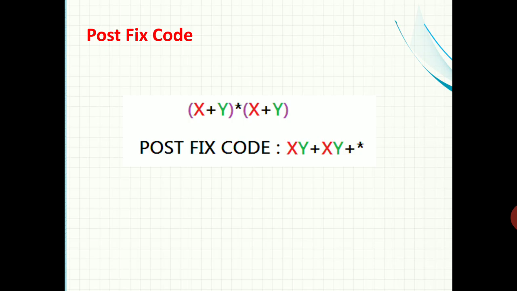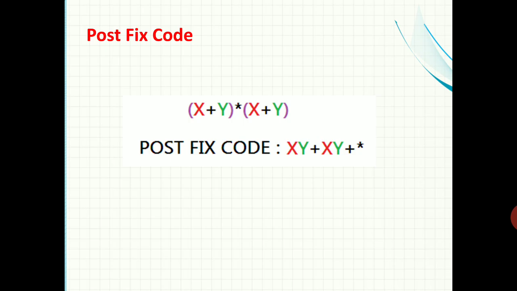For that, you can take an example, (x plus y) star (x plus y). According to precedence, the star has higher precedence over the plus, but the parentheses have more precedence than all other operations.